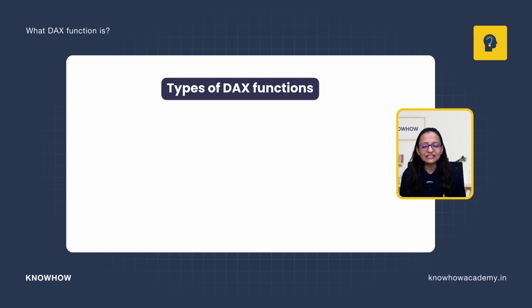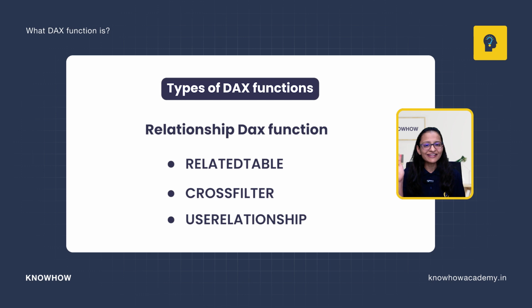The next DAX function is the relationship DAX function. So let's say you want to activate a relationship between two tables, although multiple relationships are there between the two tables. At that time, a relationship DAX function is used. So here are examples of some relationship DAX functions.